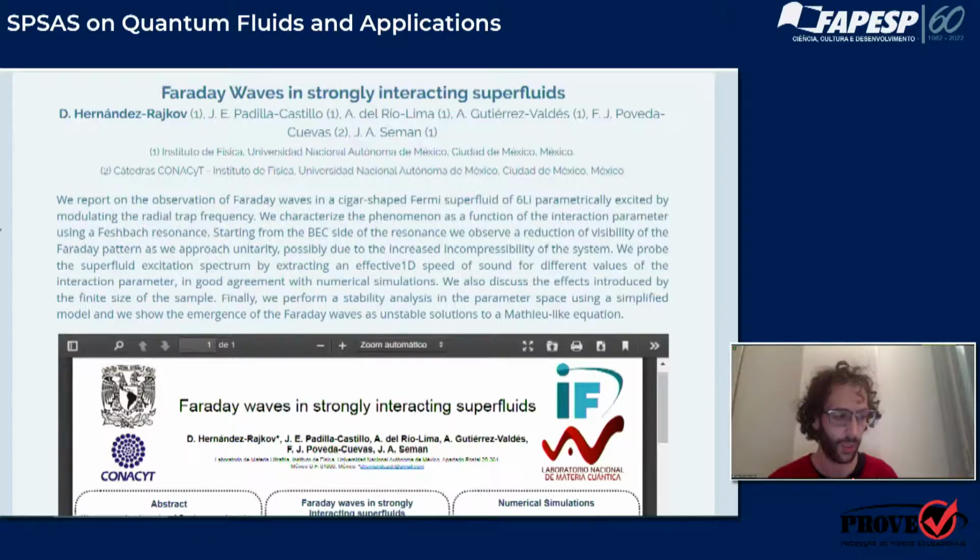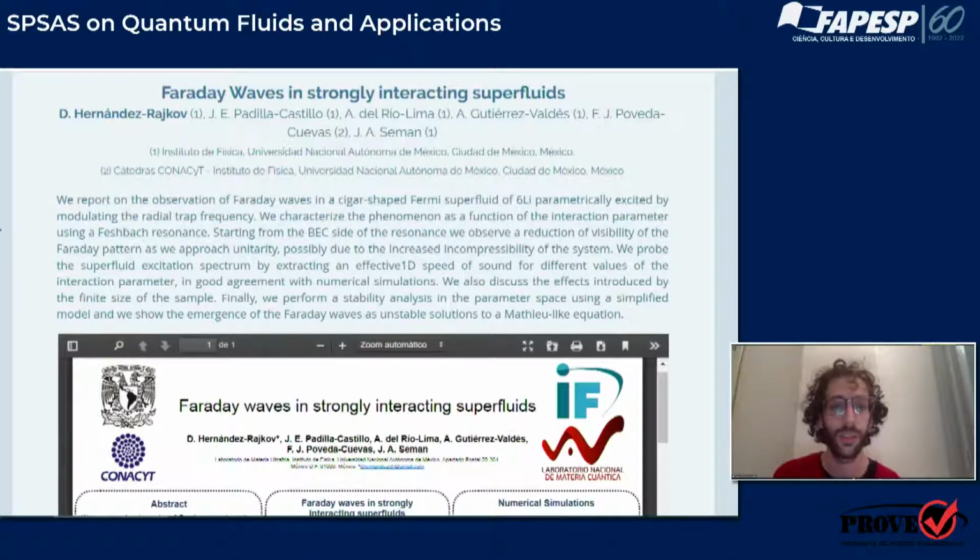And when we parametrically excite the radial confinement, we see the appearance of a spatial pattern with a temporal dependence, meaning that we see a spatial pattern that oscillates in time, appearing and disappearing. And these are the so-called Faraday waves.